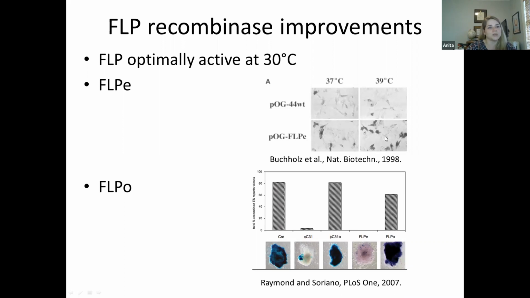FLPe was an improvement, and then FLPe was further improved upon, such that now you're looking at the clones that are showing this beta-gal recombination. They're comparing it to some other integrases from phage. Basically in this report, they showed that this FLPo version was almost as good as Cre. So you could use Cre and FLPo and hopefully get similar levels of recombination and be able to use them together.